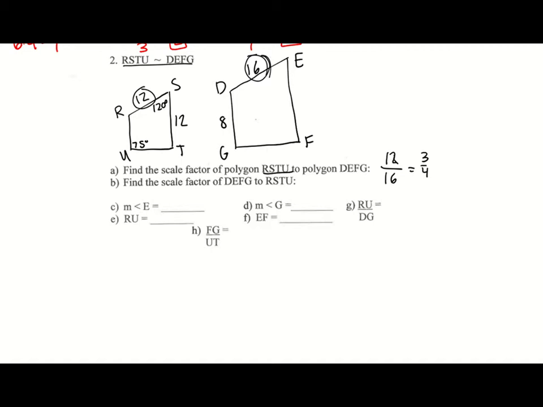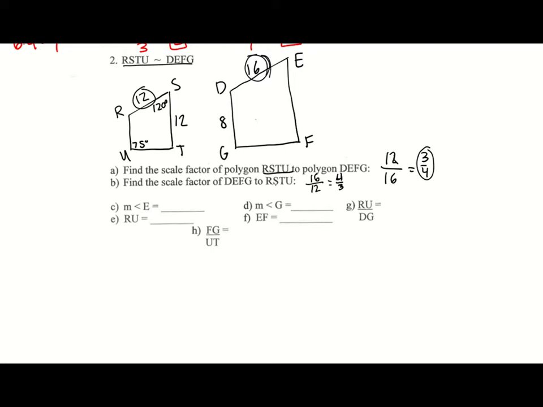Okay, next it's saying the scale factor of DEFG to RSTU. Now I'm doing the same thing, but this time I'm going to put my value for DEFG on top, which was 16 over 12. So now when I simplify, I get 4/3. If you notice, that's the same thing I got over here, just the reciprocal.